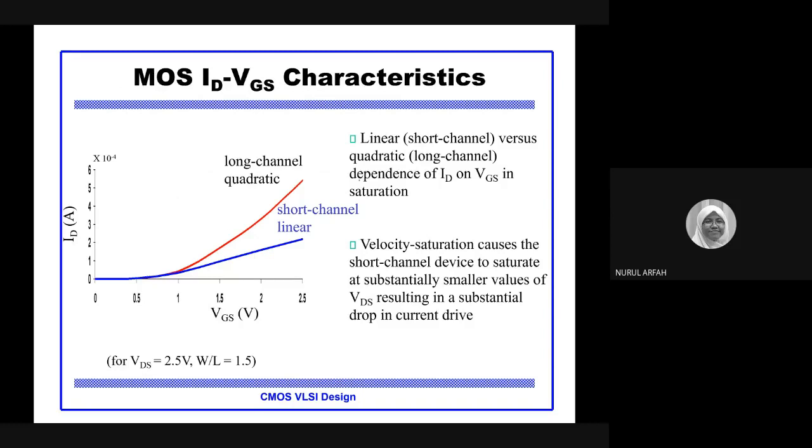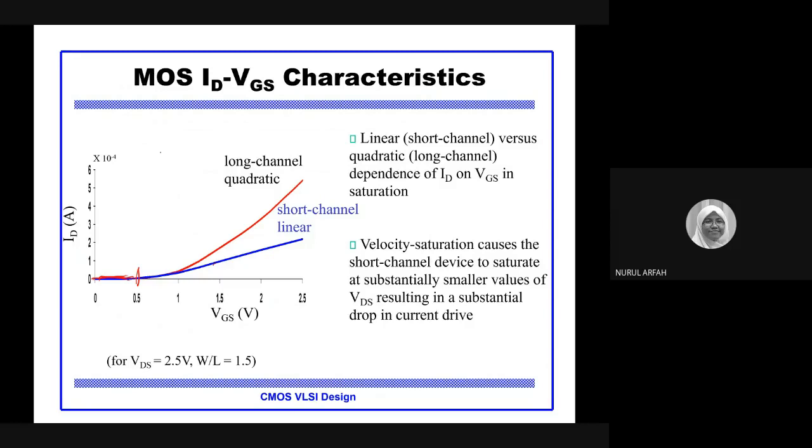But for the short channel, it will be like a linear graph, and it depends on ID versus VGS in the saturation region. Before this, it will have zero ID at zero VGS. But this is the ideal condition. If we have the non-ideal condition, it becomes another way.